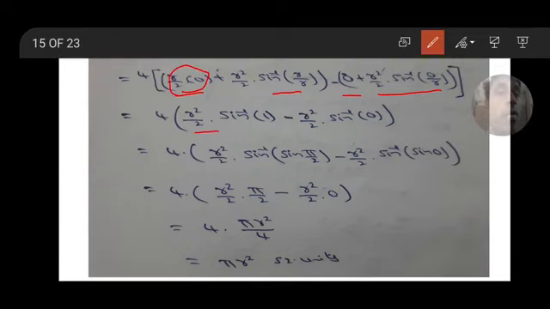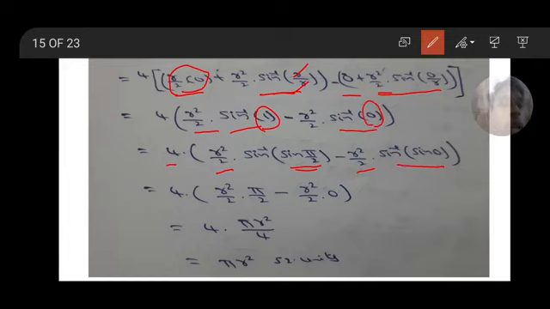r square by 2 into r by r means 1, sin inverse 1, and r square by 2 sin inverse of 0 by r, that is sin inverse 0. So 4 into r square by 2 sin inverse 1 means sin inverse of sin pi by 2, into r square by 2 into sin inverse of 0 means sin inverse of sin 0.